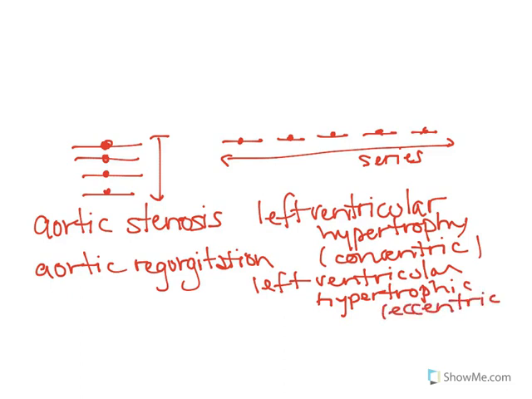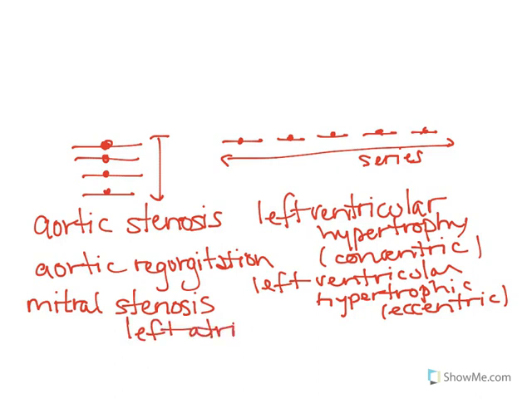Now, what about the mitral defects? If I have mitral stenosis, what chamber of the heart is going to have to work harder? This time, it's the left atria. So over time, you can get left atrial hypertrophy. And the type, again, because you have a narrowed valve, narrowed opening, is concentric.